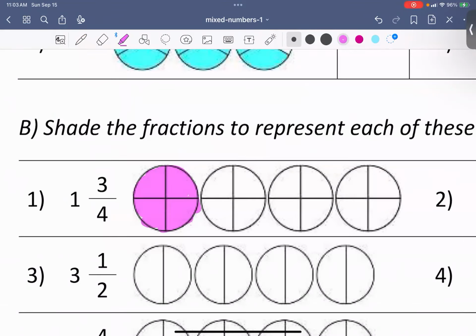So all 4 parts are shaded, and then 3/4 is going to be the amount to shade for the next one. So 3/4. So 1, 2, 3, 4. All right. So we have 1 and 3/4.